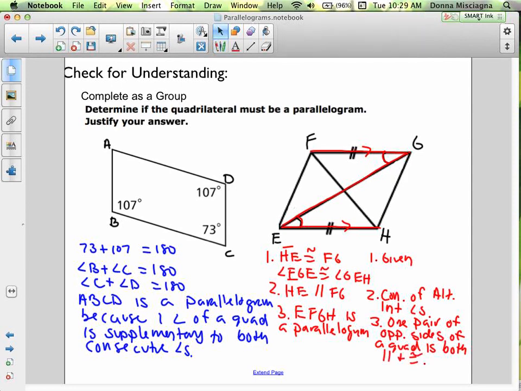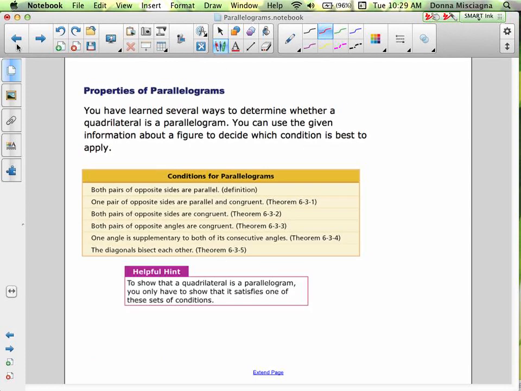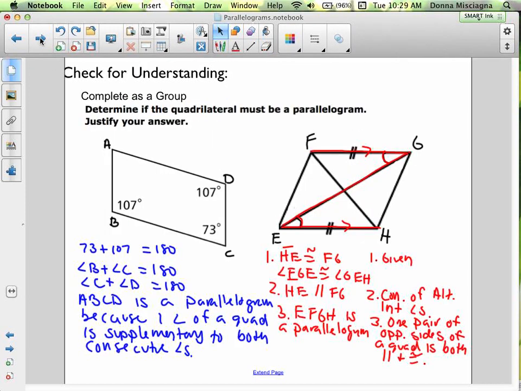So here on that one, we used reason number 2. Based on the information, that's the one we should go with, because we're given alternate interior angles congruent, that gets a pair of sides parallel, and we're given a pair of sides congruent. So we end up with one pair of sides both parallel and congruent.